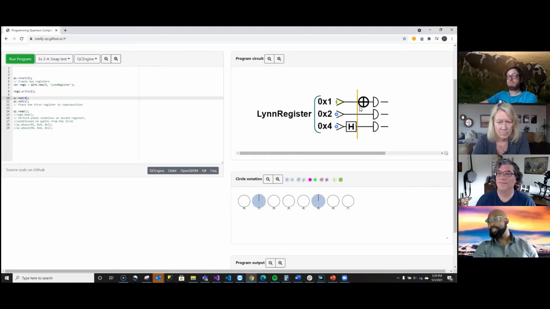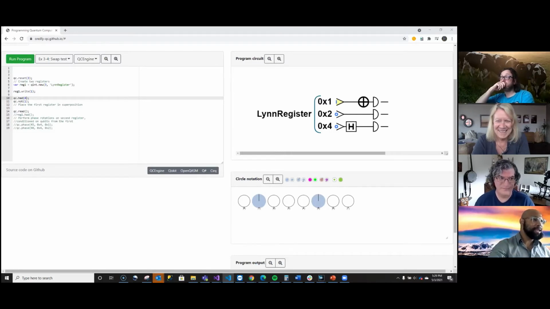Now, the real question is, what actually happens after we perform the not on the first qubit? From my understanding, the way I see it, which is pretty cool, every pair will swap.